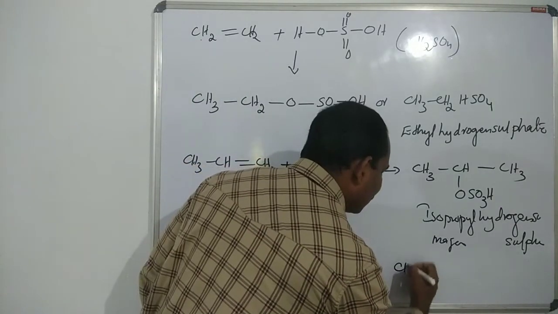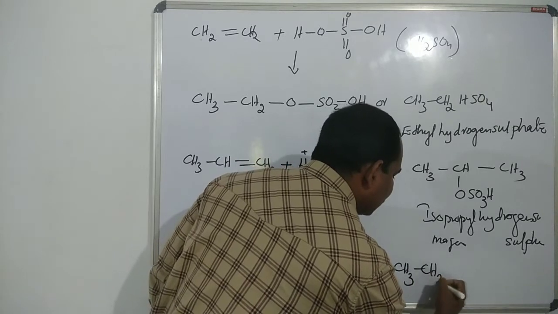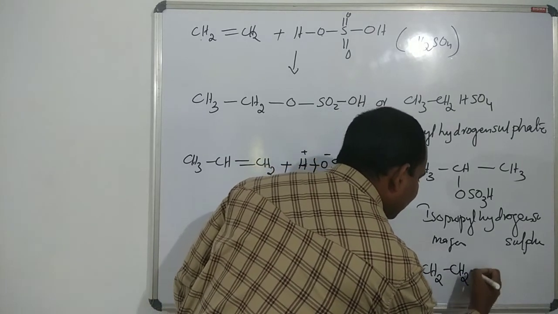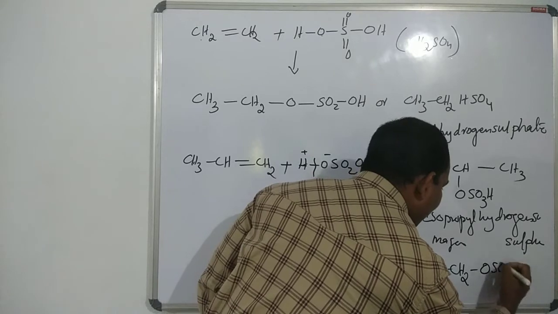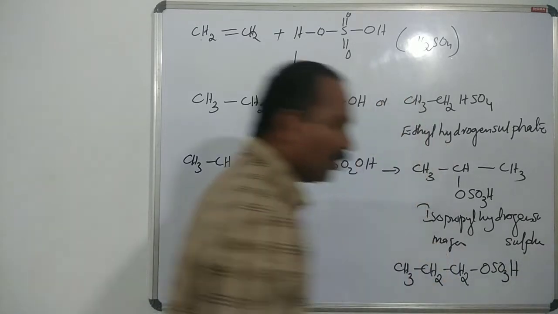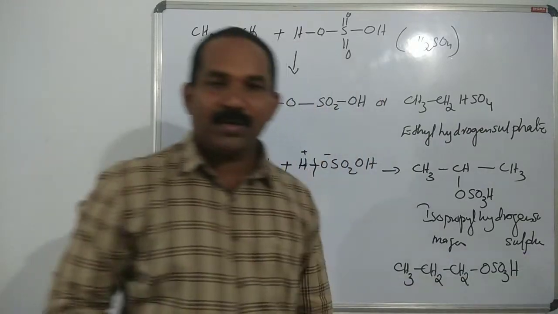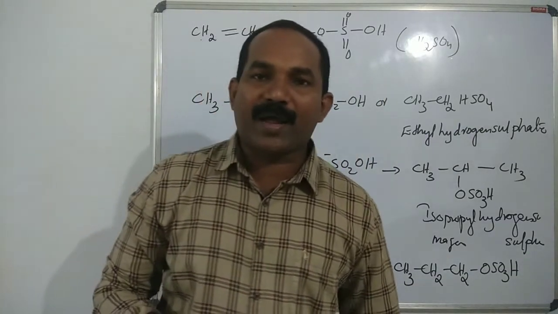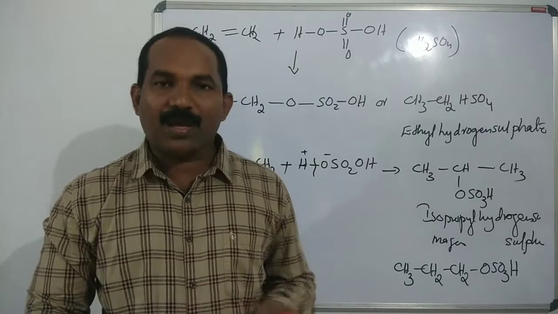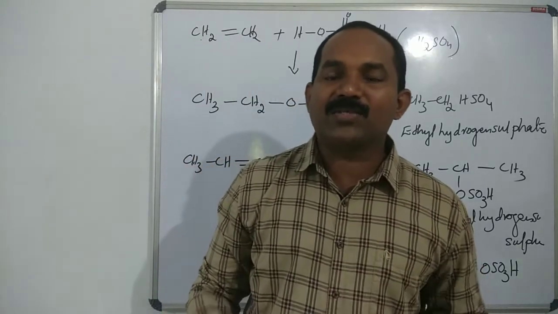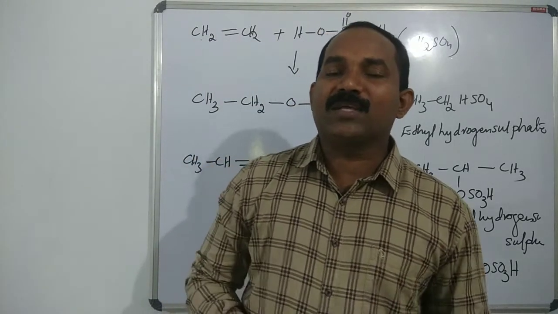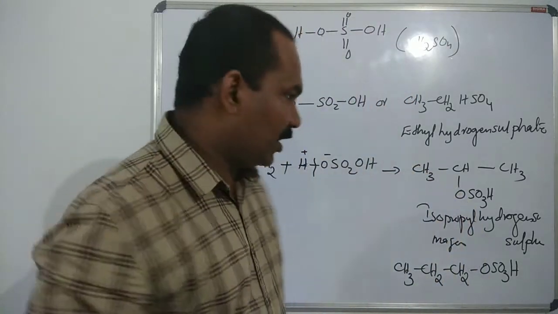So the minor product is CH3, CH2, CH2, O, SO3H, or you can write HSO4. No problem. It is n-propyl hydrogen sulfate. Okay, are you clear? Yes, this is the addition of cold concentrated sulfuric acid to alkene.